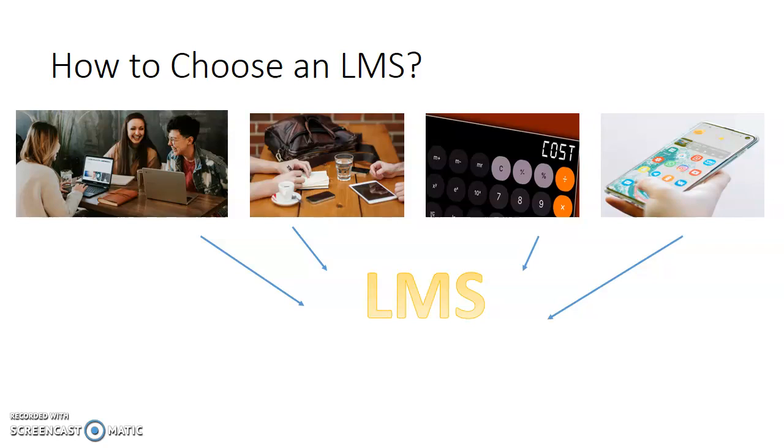What are the needs of the teacher and the students, more importantly? Then, secondly, review what learning management systems are available for those needs. Third, compare costs with the budgets. For instance, some are free. And then fourth, consider what tools will be embedded within the LMS and what the LMS can overall do to help facilitate learning.